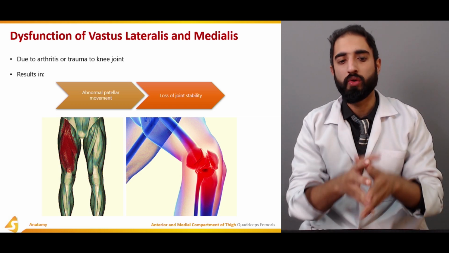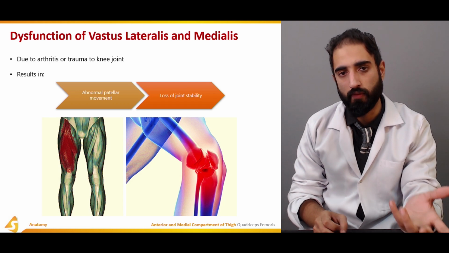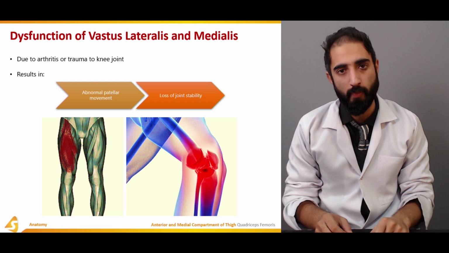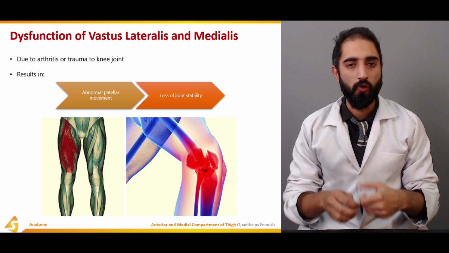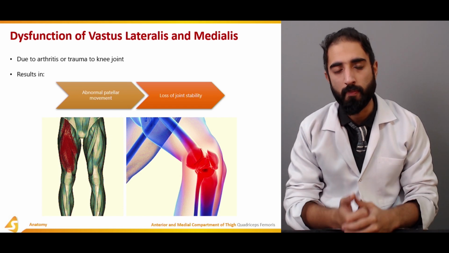If we talk about the knee joint, here we have the global mobilizer, which is the vastus lateralis. It is prone to get short or hypertonic or hyperactive. And vastus medialis, on the other hand, is the local stabilizer, which is prone to get weak, and that is more common.